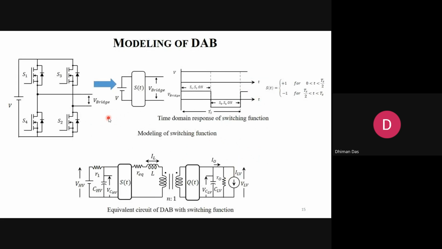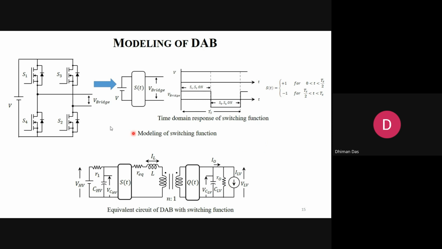So similarly, you can replace the switching network with the switching function S of t, where S of t is +1 for half a cycle and -1 for the next half cycle. Through a full cycle period of Ts, it is +1 up to Ts by 2, and from Ts by 2 to Ts it is -1.